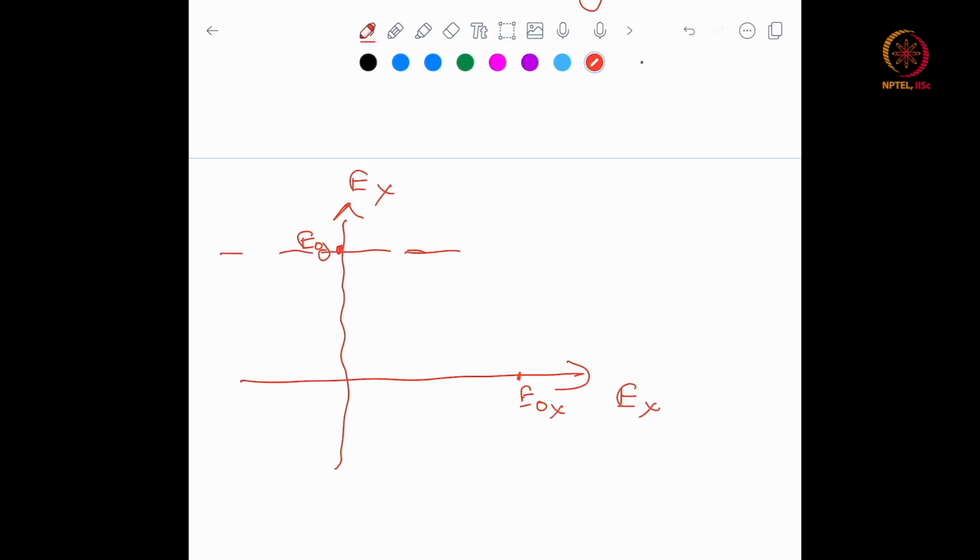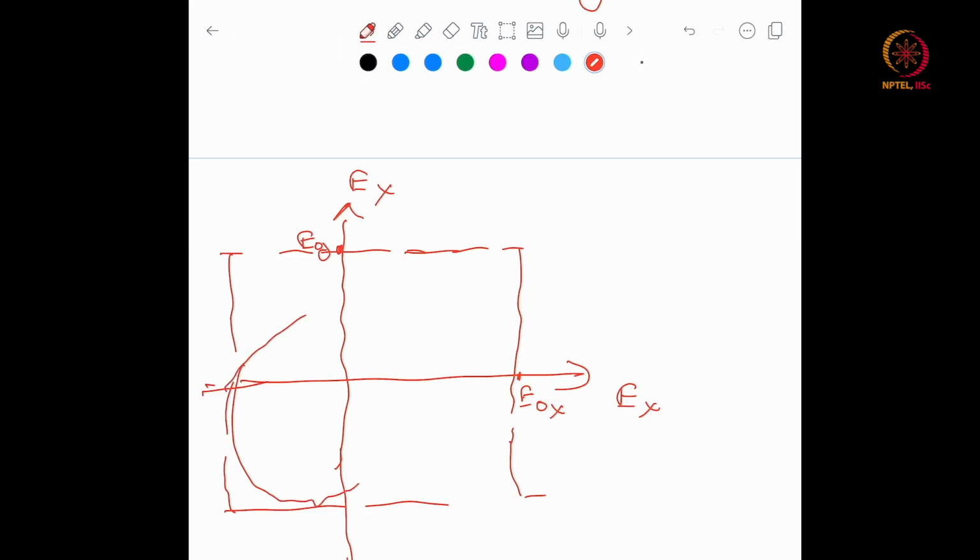Consider a box around it, and this particular ellipse is something like this.